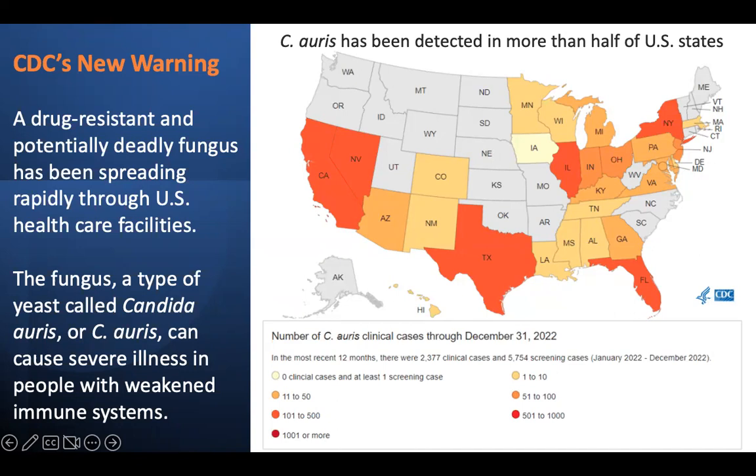This fungus has now been detected in more than half of the United States. Some new strains can prove to be especially dangerous, and they can cause more problems in healthcare facilities, especially for people with weakened immune systems.